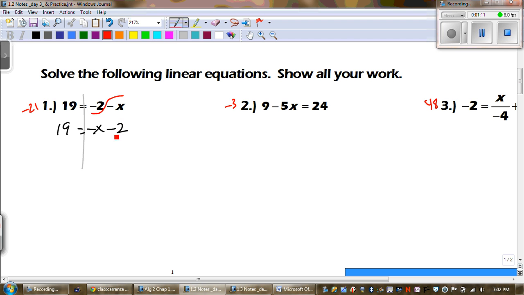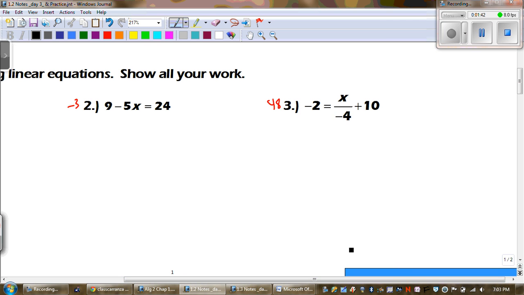I've got a negative 2, or subtracting 2, so I'm going to do the inverse operation, which is add, and I get 21 equals negative x. Okay, now I can't just drop that negative sign out there because technically that's a negative 1, and that's multiplication, and the inverse of multiplication is division, and that's where we get negative 21 equals x.